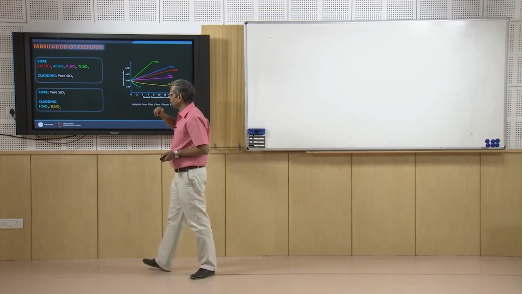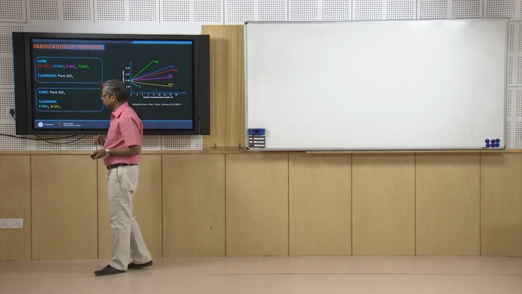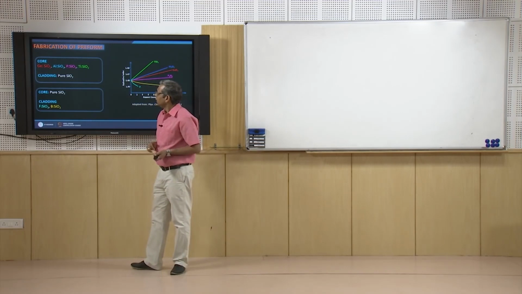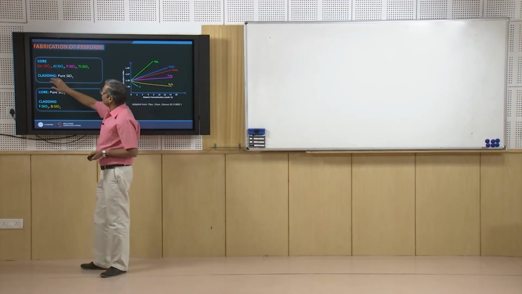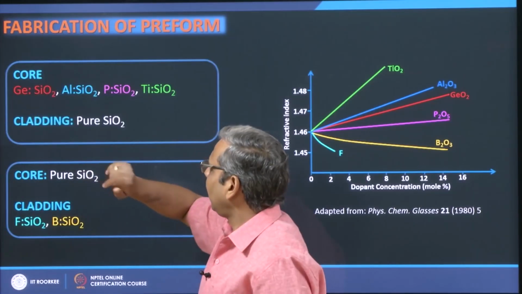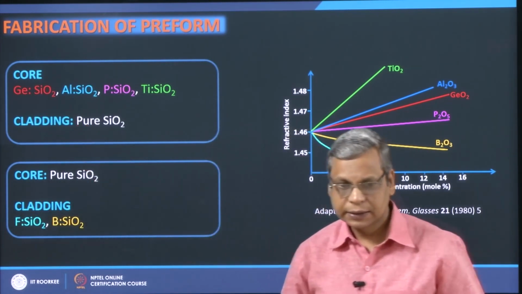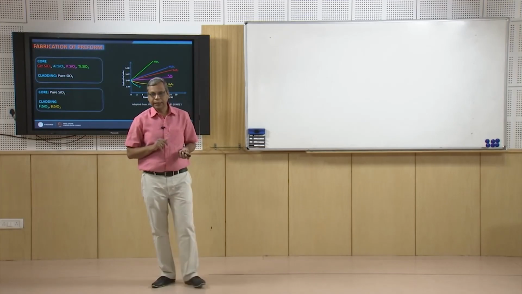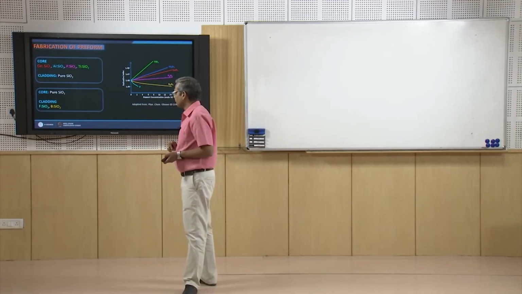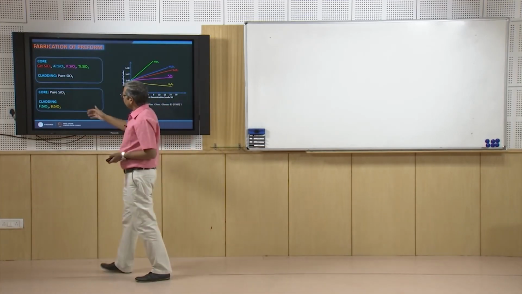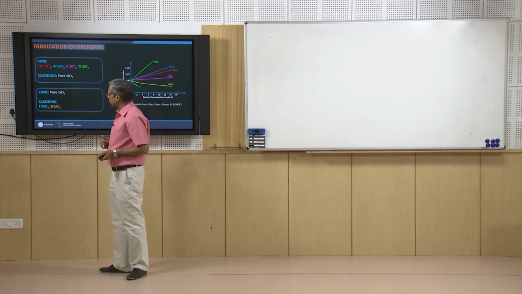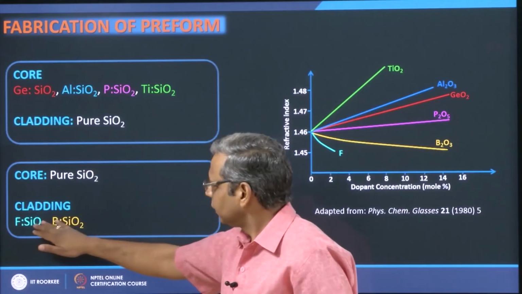What is done here? You take a tube of silica glass and you flow reactants into this tube. You want to make a silica glass cladding, so you flow in SiCl4 in an oxygen environment and heat it up. How do you heat it up?